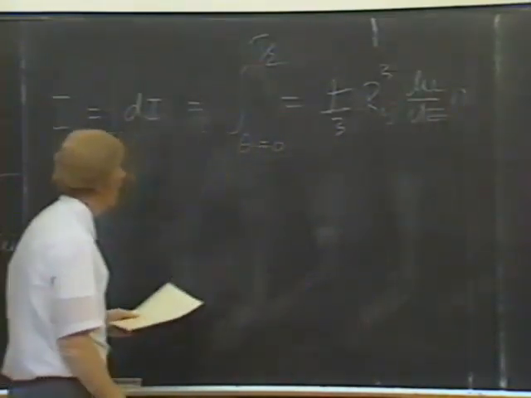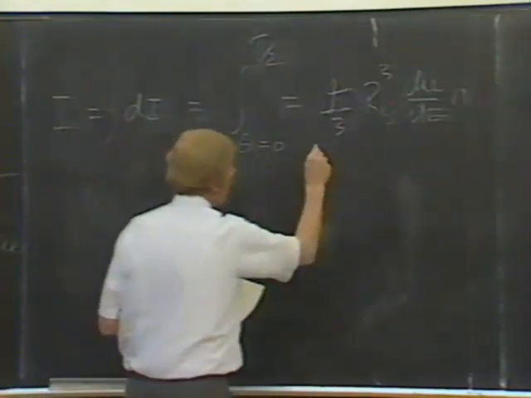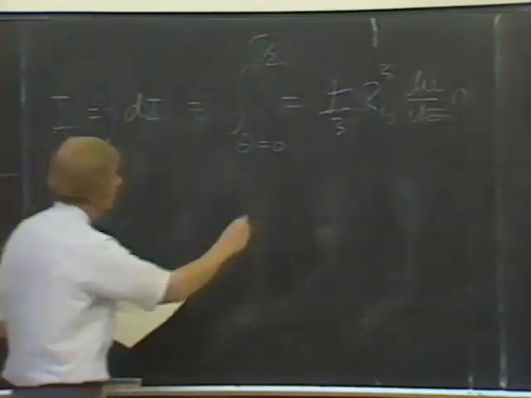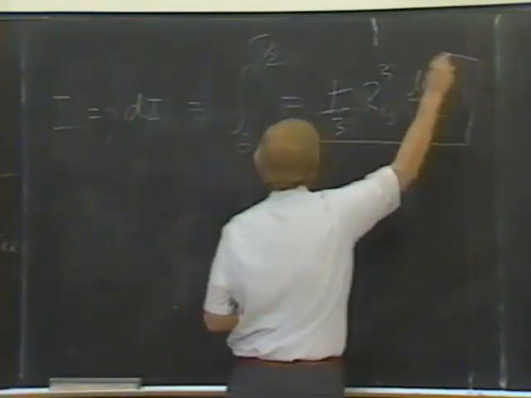This is now collisions per second. Collisions per second on an individual particle, just like as we did before. Okay.